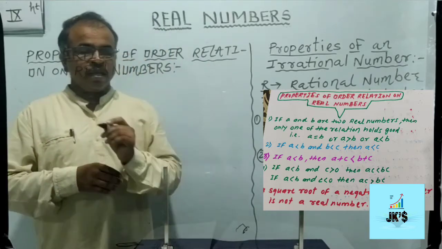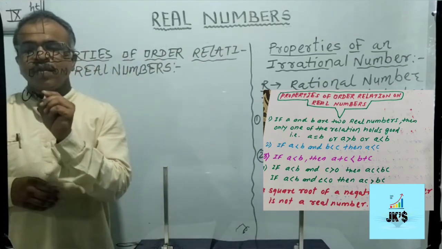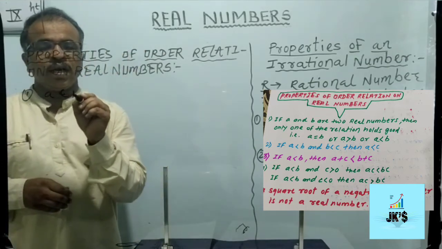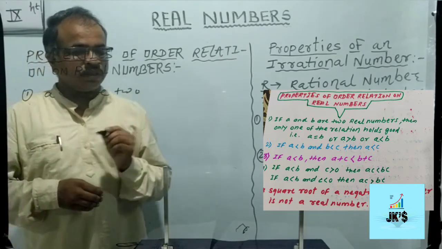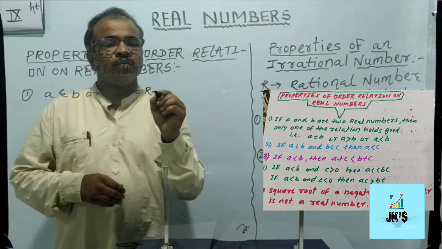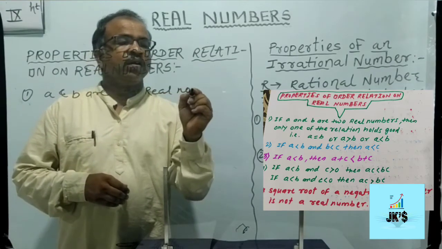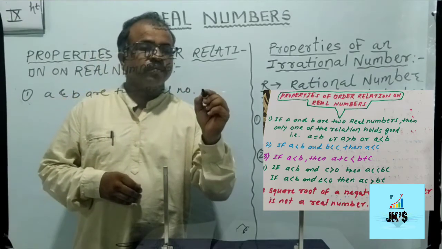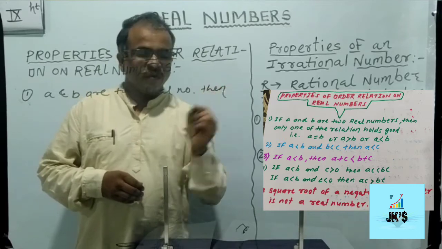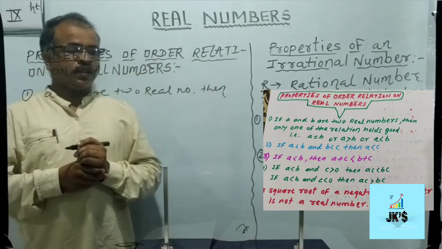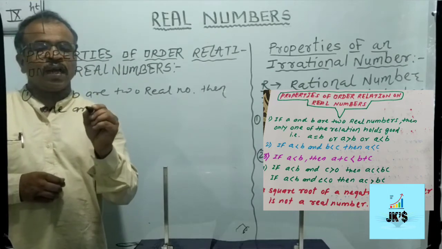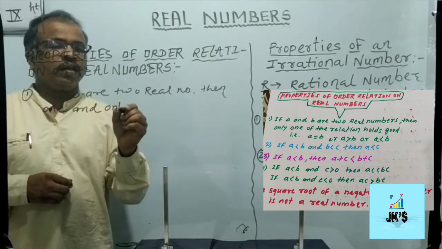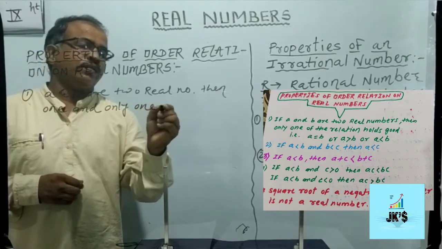Suppose A and B are two real numbers, then one and only one of the relations holds good.